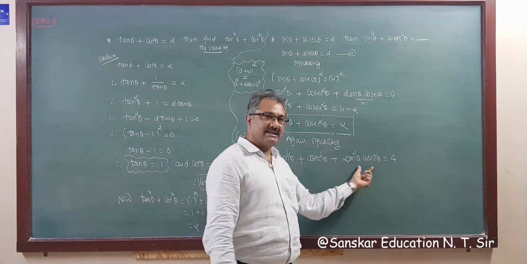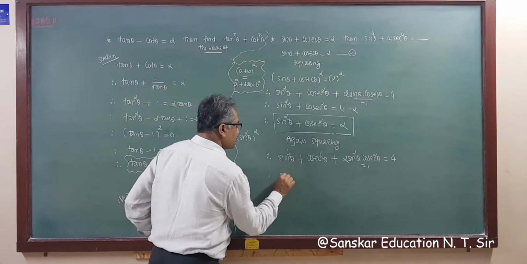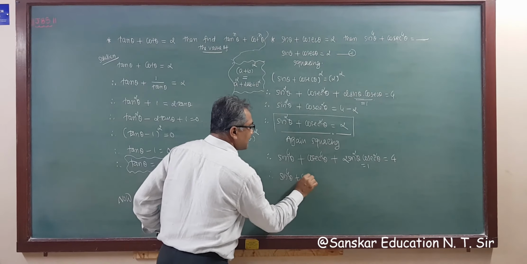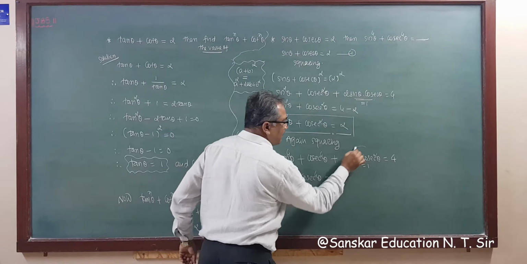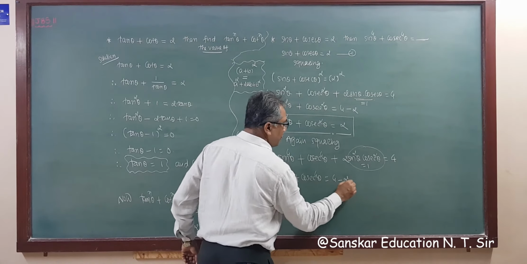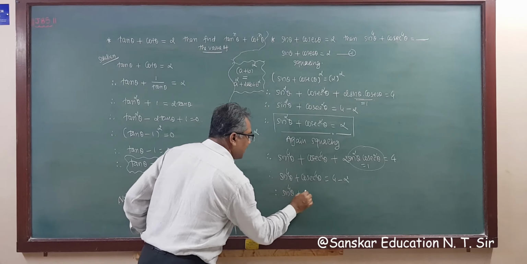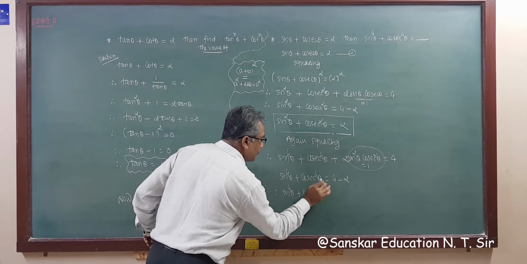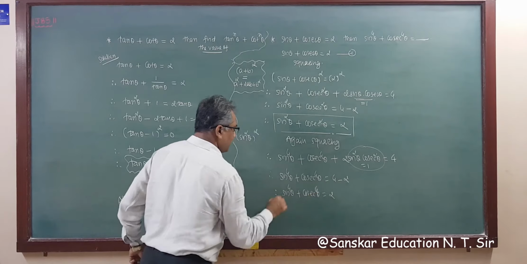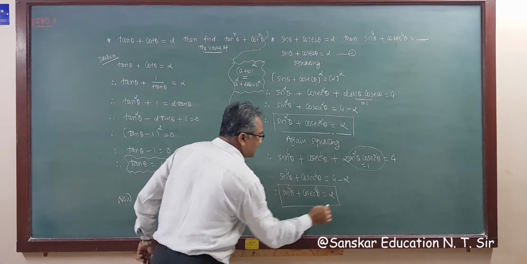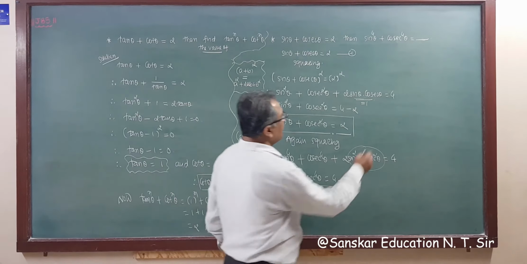Again these are reciprocals, so the answer of this multiplication is 1. So sin raised to 4 theta plus cosec raised to 4 theta is equal to 4 minus 2 into 1, that is 2. So sin raised to 4 theta plus cosec raised to 4 theta is again 2.